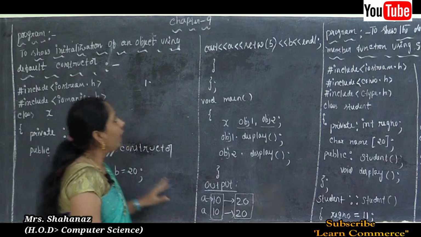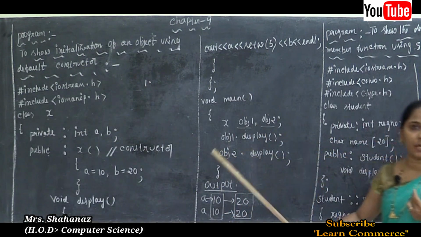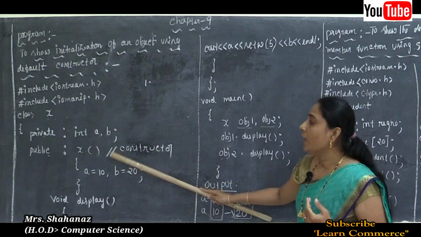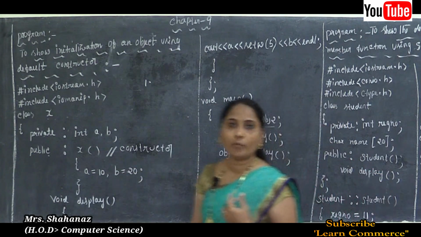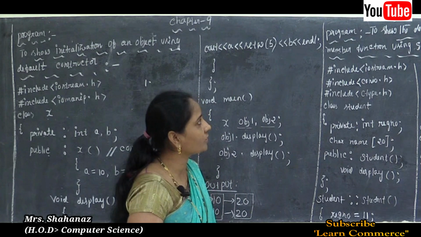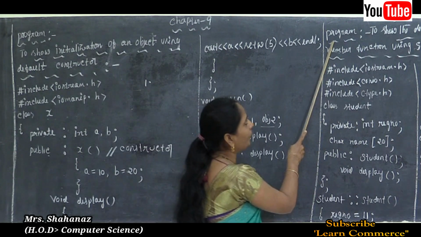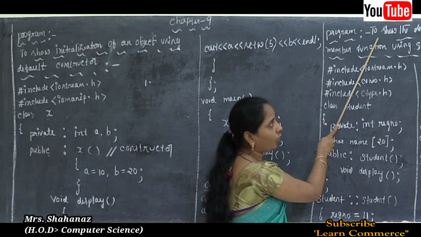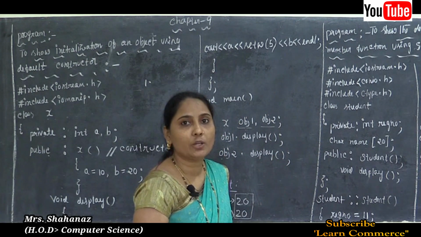Now, this example is suitable for the inside class definition. This is about the inside class definition, because there is no scope resolution operator. But I also want to tell one more example about the default constructor using the scope resolution operator. Let's see the next program, to show the default initialization of a constructor member function using the scope resolution operator.